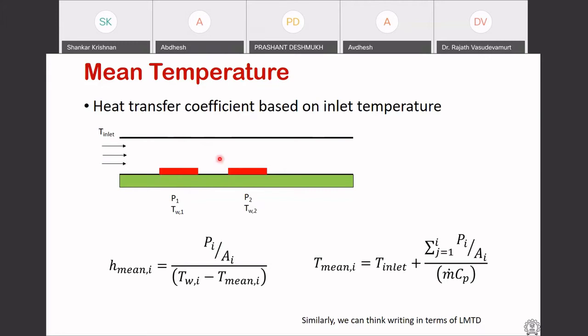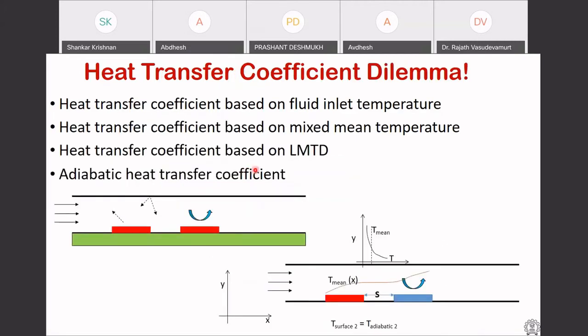So the mean temperature of this airflow, you can actually calculate it. However, if you calculate a mean temperature, it will be lower. However, the air side temperature profile, I'll show here.